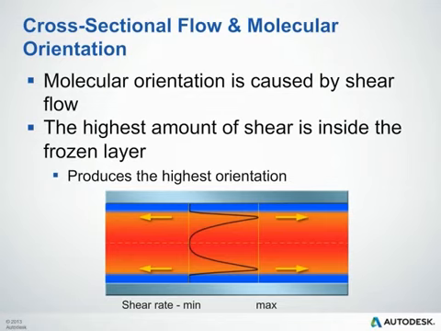The highest amount of shear is typically just inside the frozen layer, because our frozen layer is solidified, not moving, and then we have a still laminar flow happening just inside of that region. So we've got a layer that's basically not moving and another one moving at quite a bit higher velocity. That difference is producing the highest orientation that we'll see, as well as the highest shear rates, as you can see in our graph below.